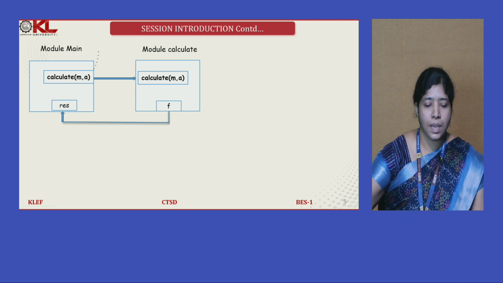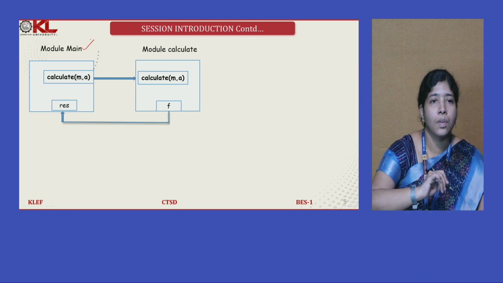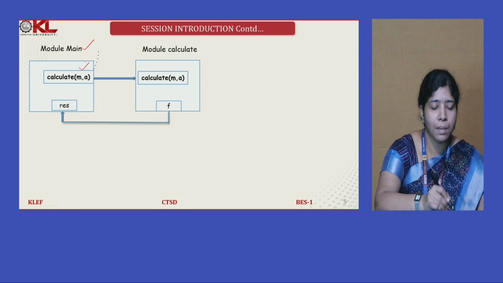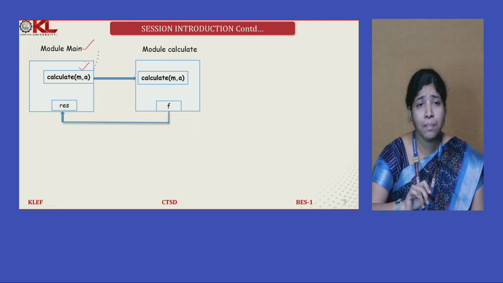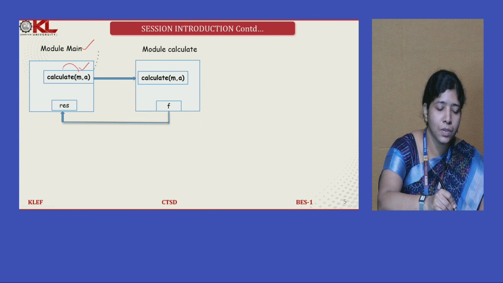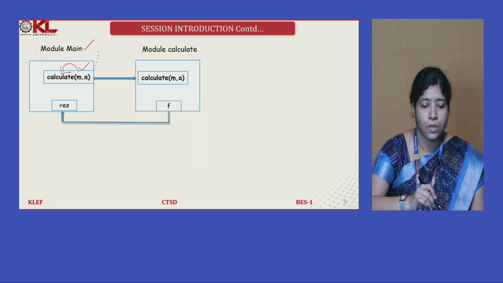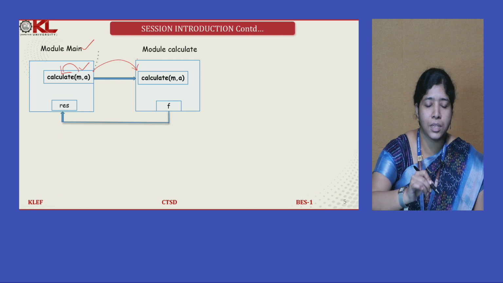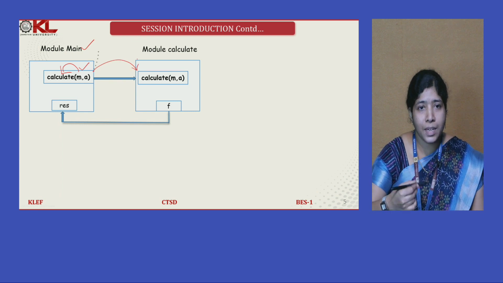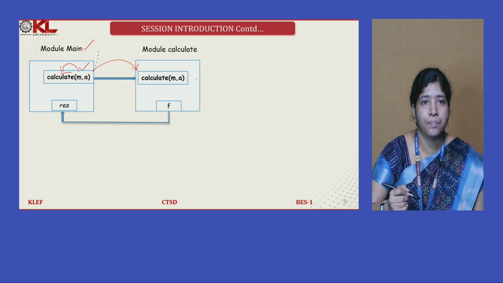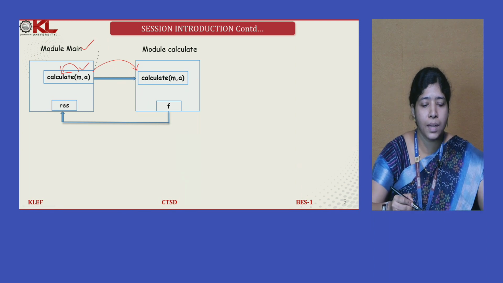So I will repeat once again. This is the main module where I am taking the inputs m and a. These m and a variables I am passing to the function. The function name is calculate. Once I pass to the function, it does the processing part in here.